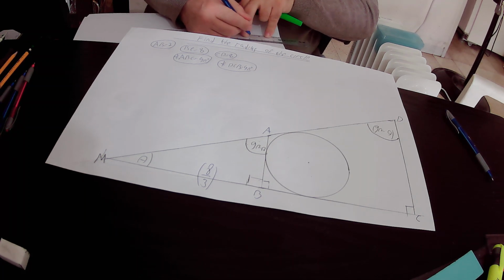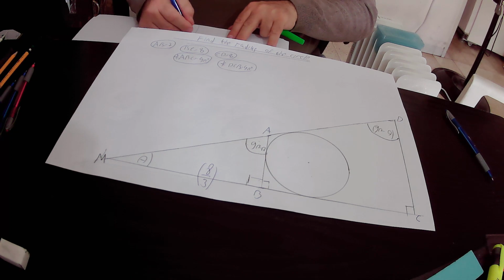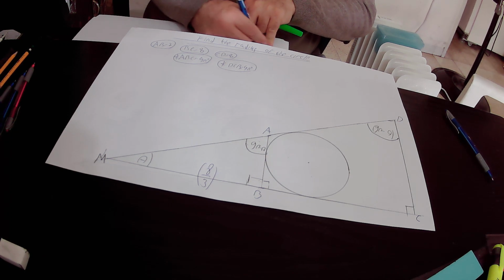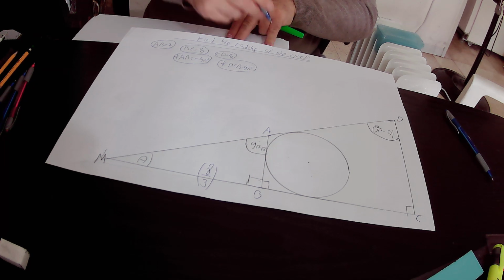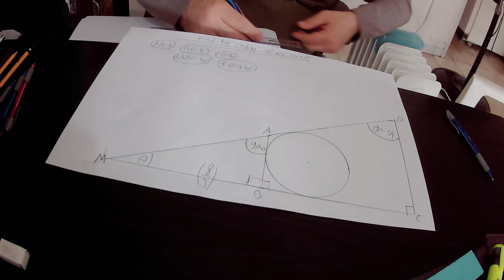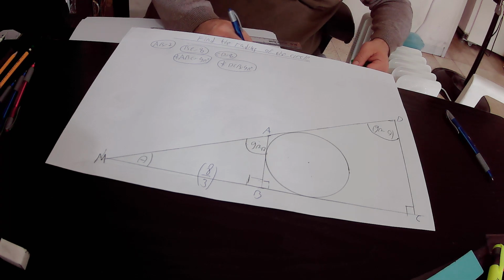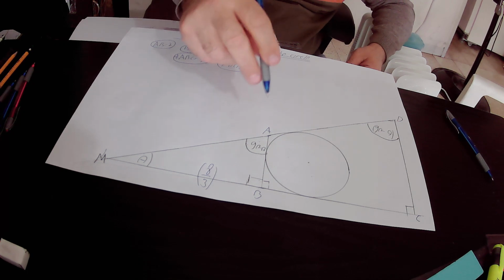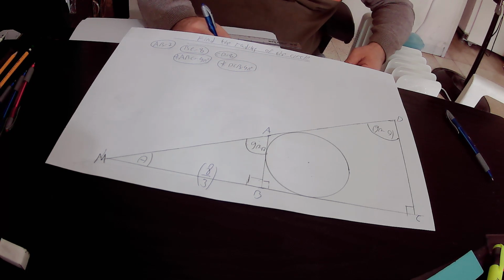According to the Pythagoras theorem, in a right triangle, the square of the hypotenuse equals the sum of the squares of the perpendiculars. The hypotenuse in this right triangle ABM is AM, so therefore the square of the hypotenuse is AM squared, and it must be equal to AB squared plus MB squared.